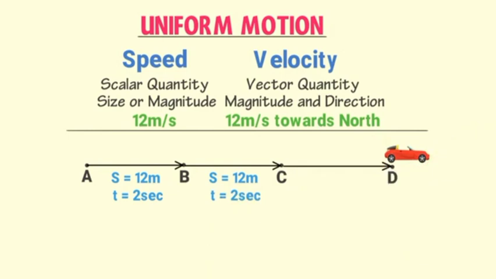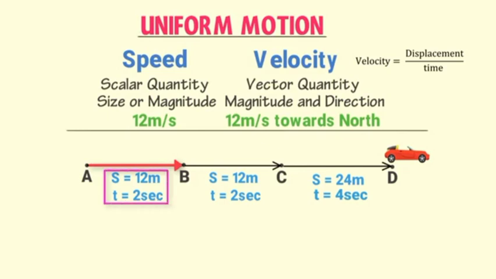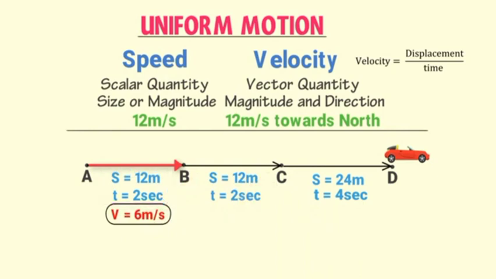From point C to point D, the car covers displacement s is equal to 24 meter in time t is equal to 4 seconds. Now we know that velocity is equal to displacement upon time taken. The velocity of the car from point A to point B is 12 meter divided by 2 seconds, and it is equal to 6 meter per second.